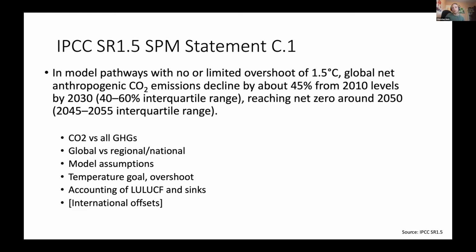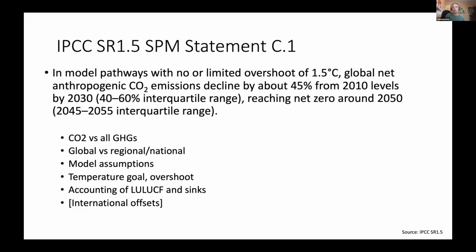If the world as a whole reaches net zero around 2050, that means that some countries have to get there first, so that some countries can get there later. Those are questions around equity, but also around the availability of mitigation options that are limited in some cases or more abundant in others, or the availability of sink capacity, so the capacity to remove carbon dioxide from the atmosphere.